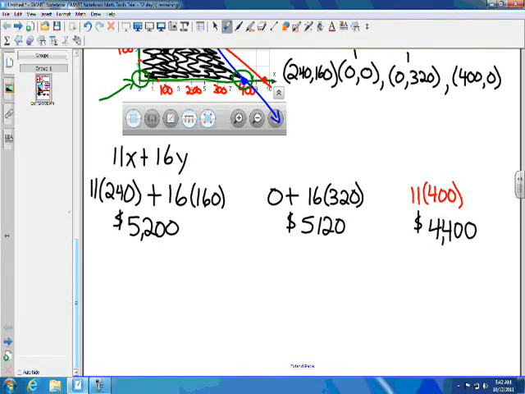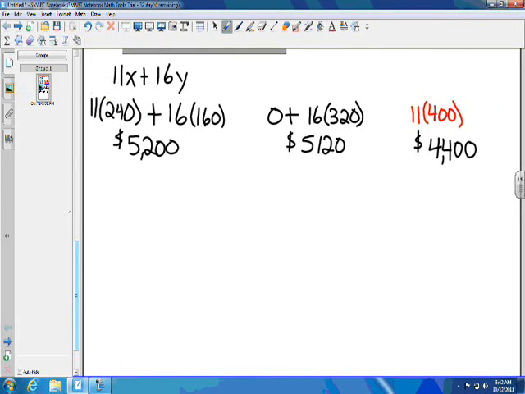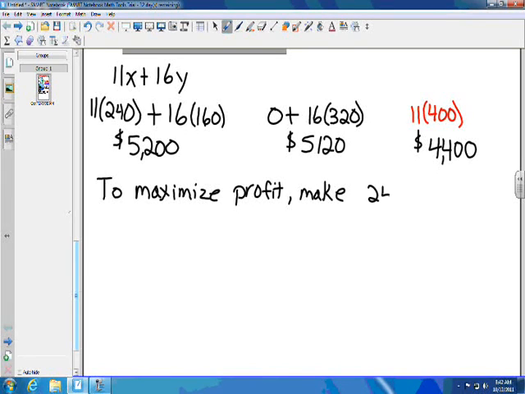Right. So then your final answer here: make 240 short sleeve and 160 long sleeve.